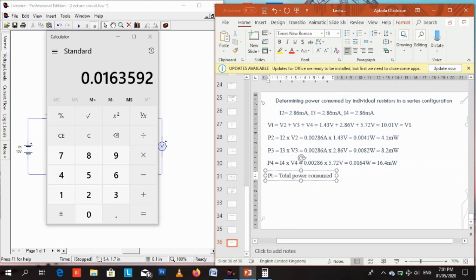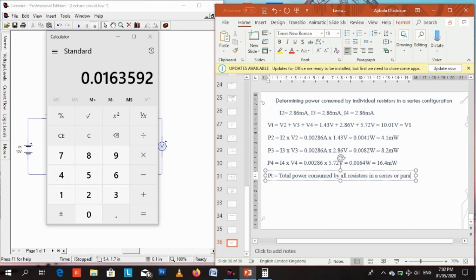So let's go to total power, which is PT. The total power consumed by all resistors in a series or parallel configuration.